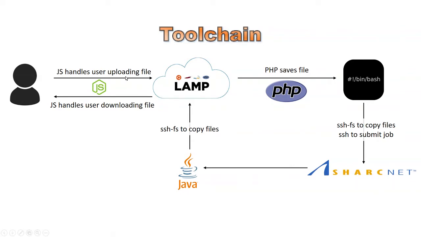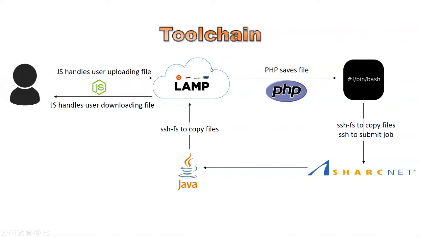JavaScript will handle the file uploading to the LAMP stack. PHP will save the file and call the command line, which will do the remote command through SSH to the SHARCNET cloud or SHARCNET cluster. The SHARCNET cluster will then execute the Java command and then use SSHFS to copy the files back.